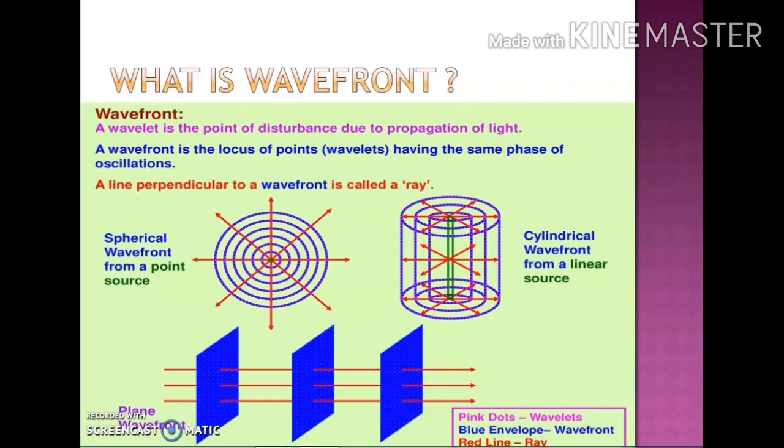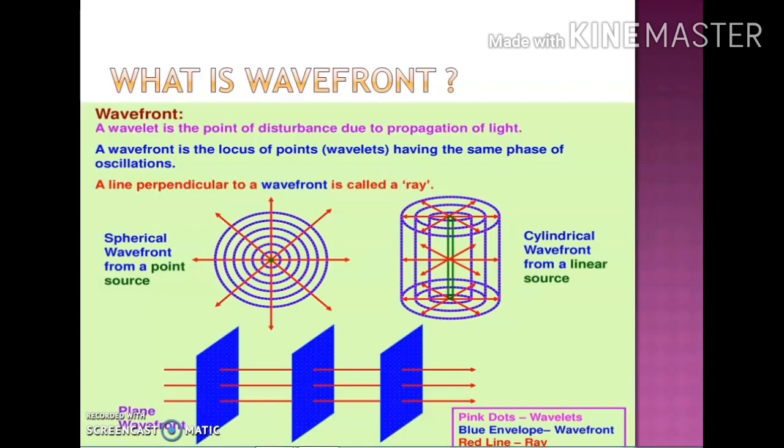In the second case, you can have the cylindrical wave front. For getting a cylindrical wave front, you have to use a linear source. In the picture you can see in green color the linear source, and it is producing a cylindrical wave front, which is in the form of a cylinder. And the third one is the plane wave front.